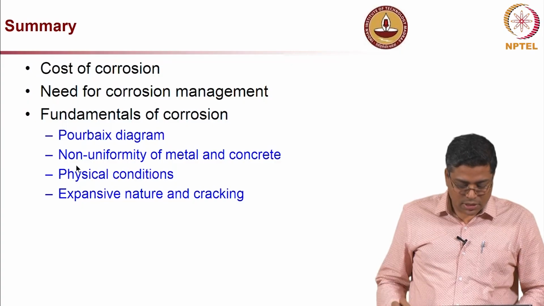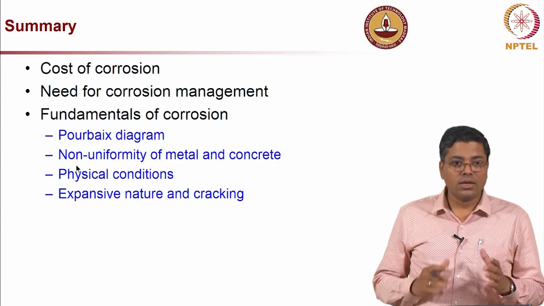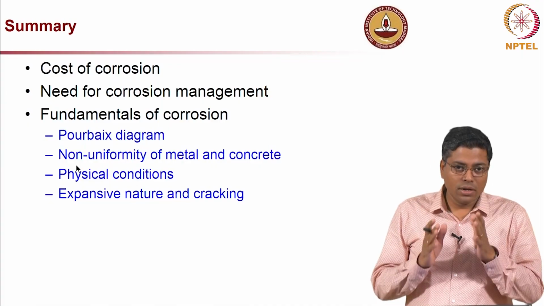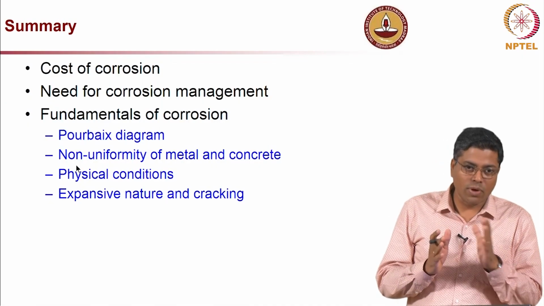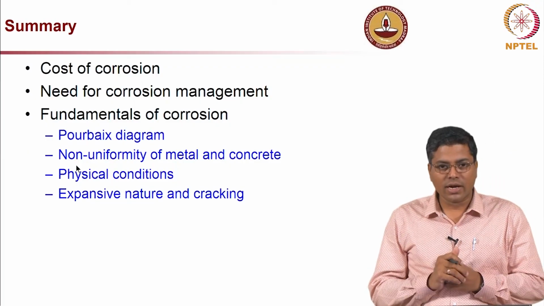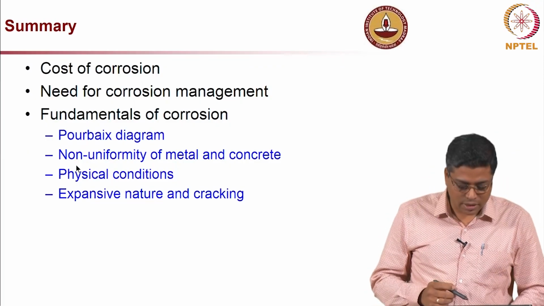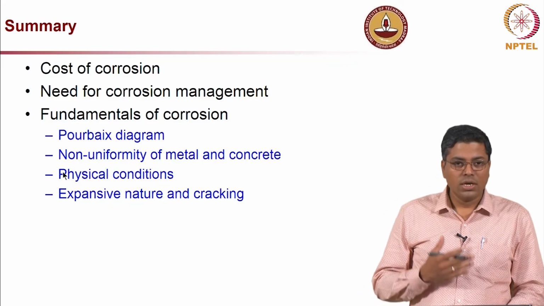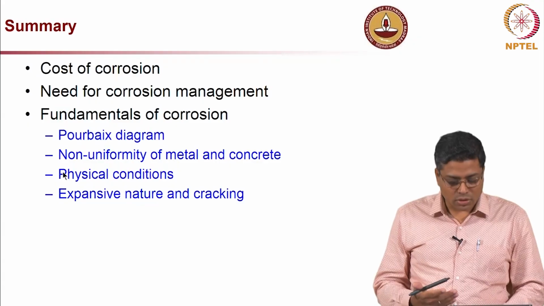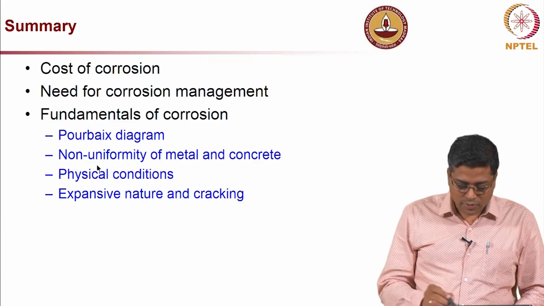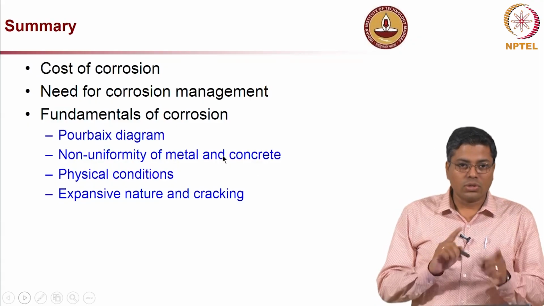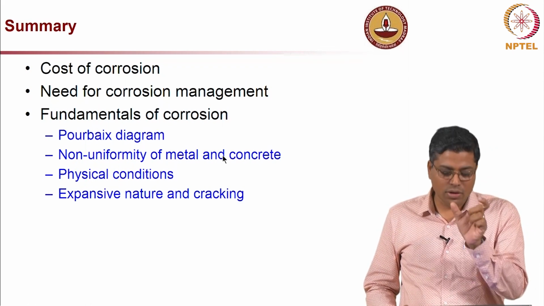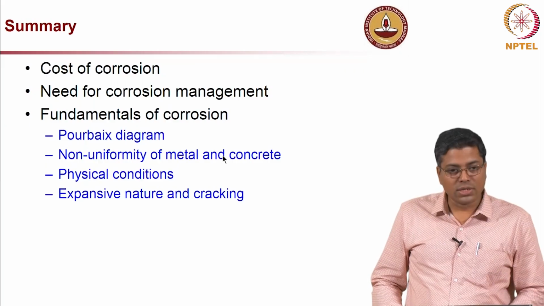And then some reasons why steel corrodes: even though it is the same metal, at 2 points on the steel, one will act as an anode while the other will act as a cathode. What is the reason for that to happen? Steel essentially is not homogeneous, it is a heterogeneous material, and concrete is also a heterogeneous material. Because of those reasons, anode and cathode can coexist on the same metal.